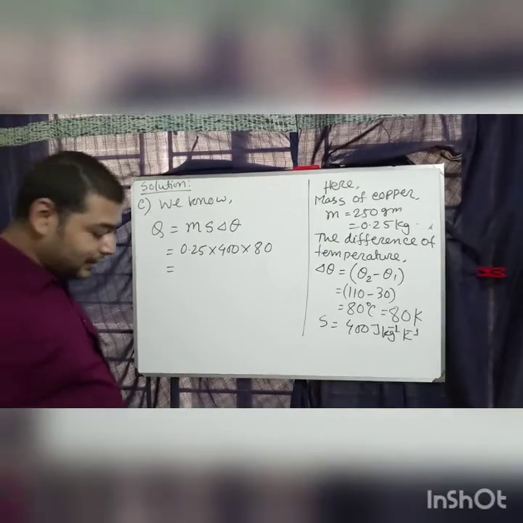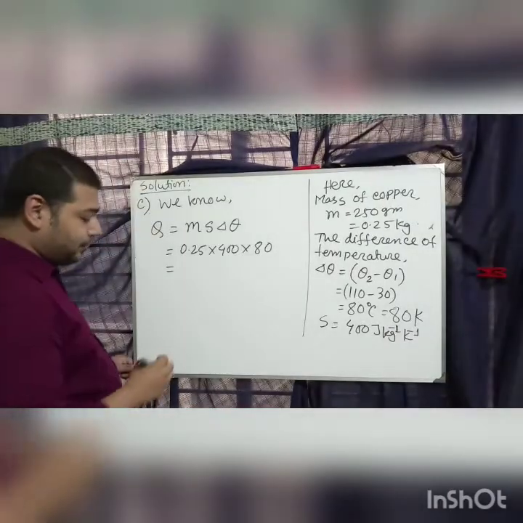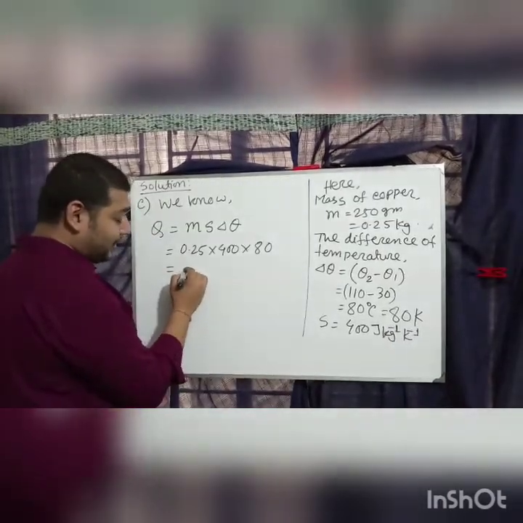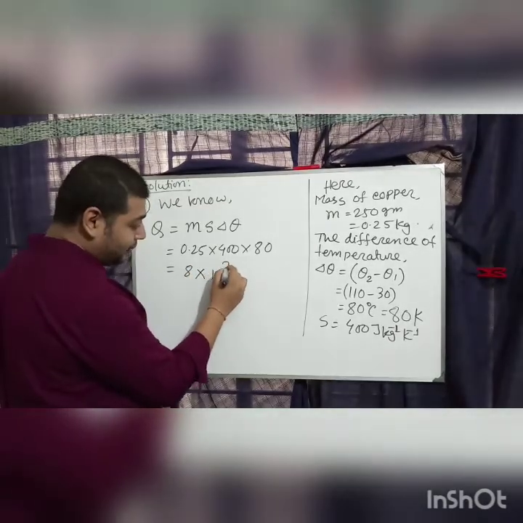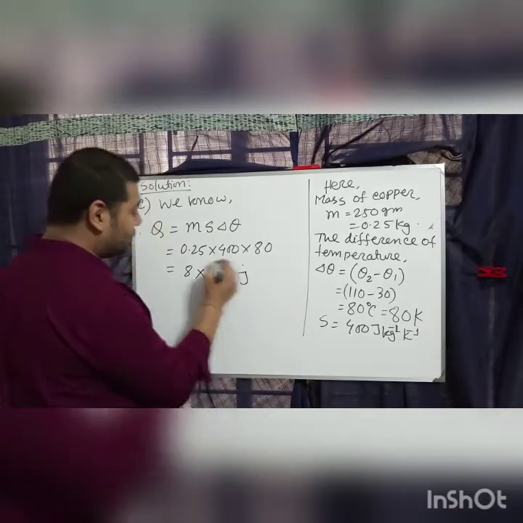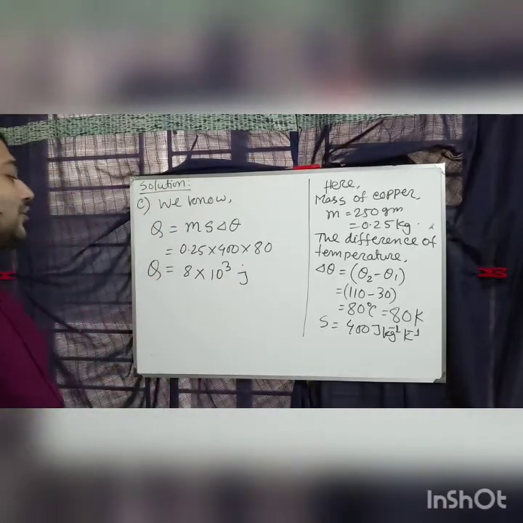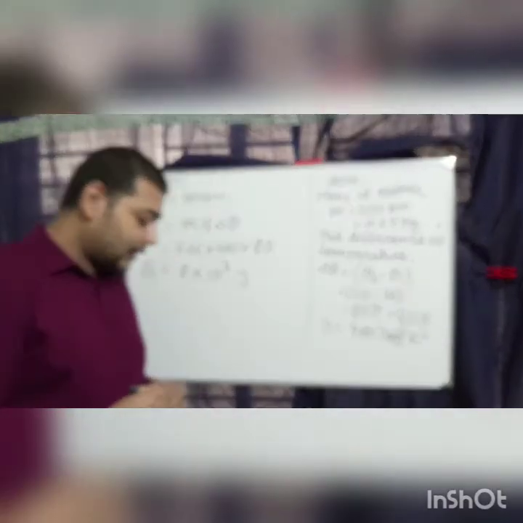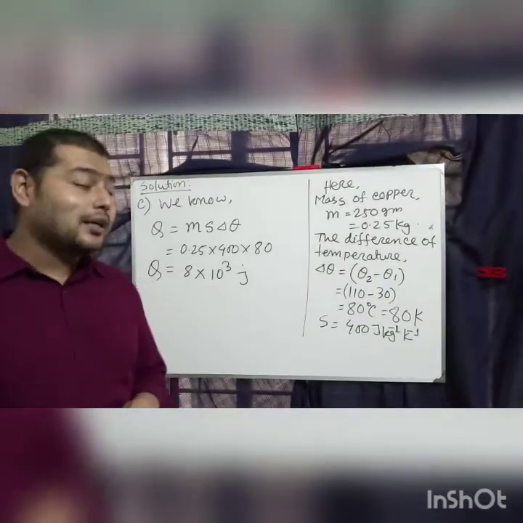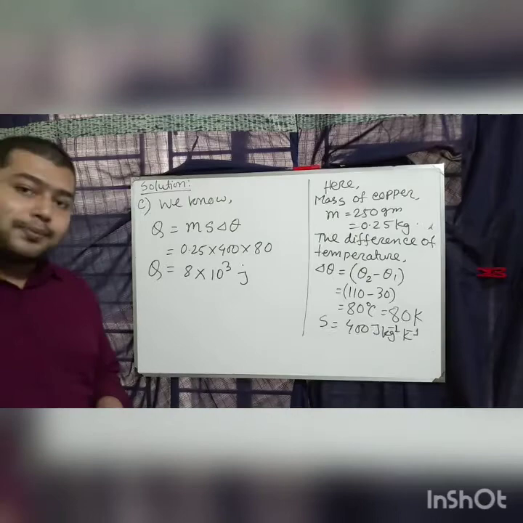By calculating these values, we get the answer 8 into 10 to the power 3 joule. This is our required heat, the heat gained by the copper sphere.